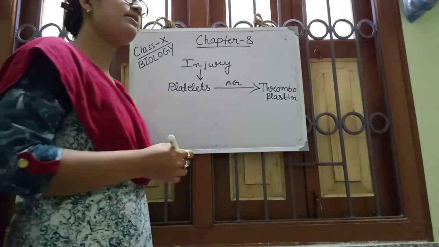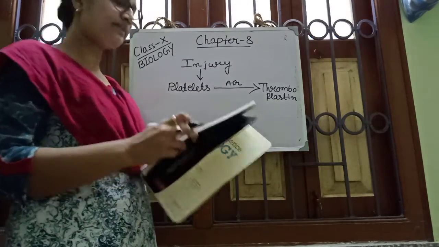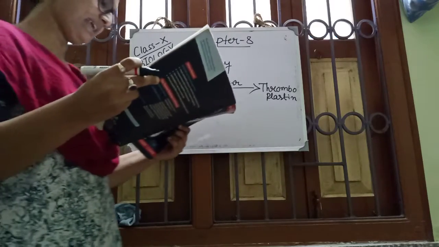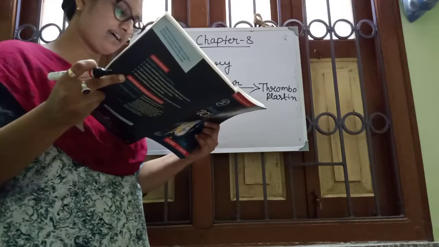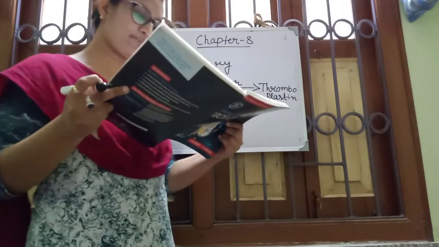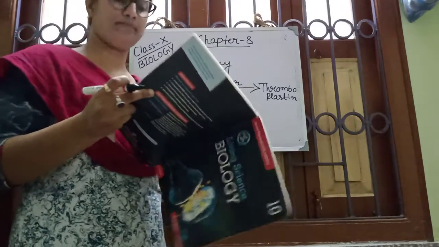With the help of the enzyme prothrombinase, this enzyme inactivates the heparin and converts the inactive plasma protein prothrombin into active thrombin.